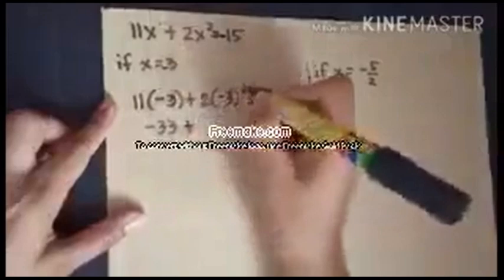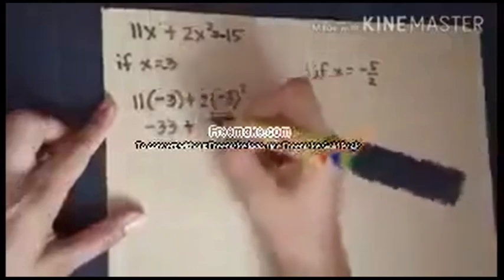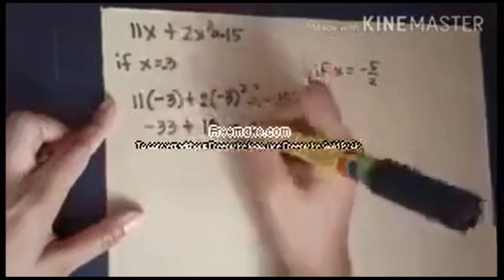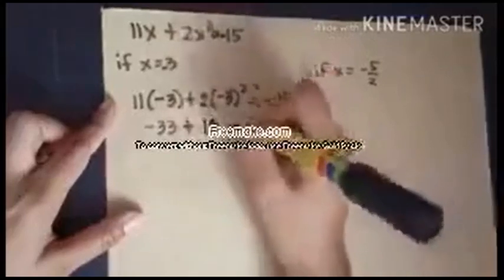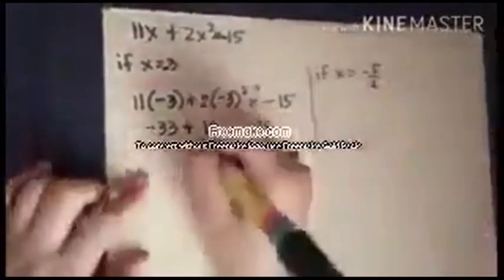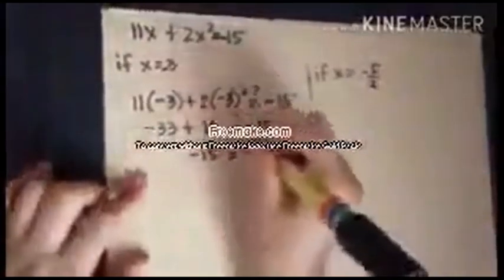So negative 3 square is 9 times 2 is 18. Is it equal to negative 15? So negative 33 plus 18 is negative 15. So it is equal to negative 15. So therefore, x is equal to negative 3 is a real solution.